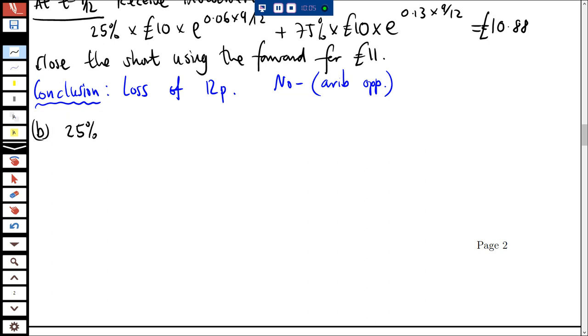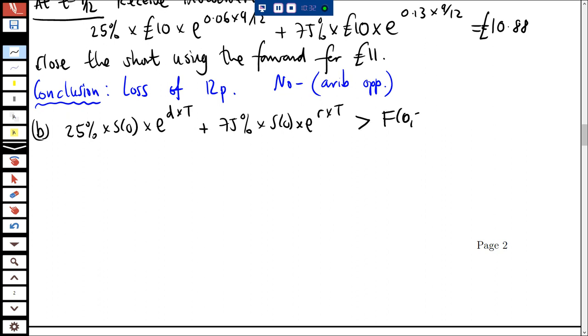So if we take 25% of the short, invest that at rate D, we don't know what D is, we know all the other numbers, and the 75% that's going in at the market rate, which is 13%. We need this to exceed the fair value of the forward.